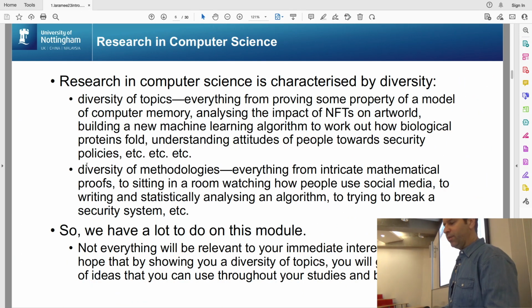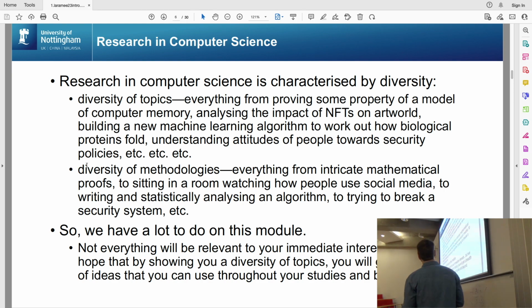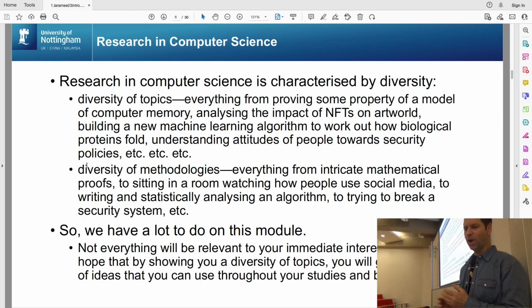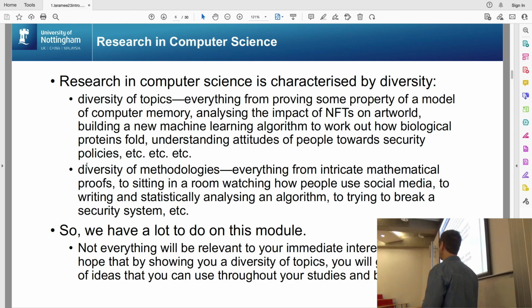Okay, so research, we're going to be focusing on research in computer science. There are lots of different topics in computer science, right? Computer science is such a great subject. It's so cool. It covers everything. You can't escape computer science. Everybody's using software, right?